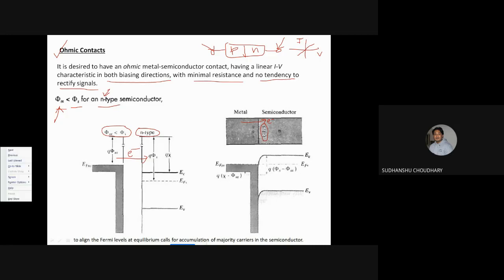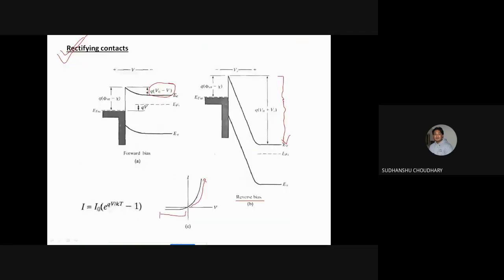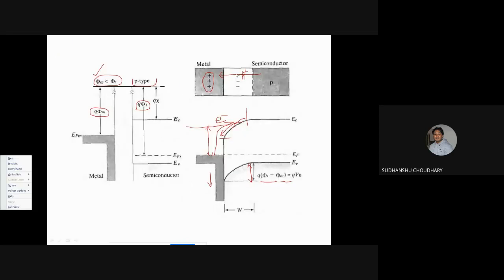Okay. Now because of this accumulation of negative charges, we have induced positive charges on the metal side. Okay. Now one very important thing you will notice here is that on the semiconductor side, this time there is no depletion region. Okay. But in the previous case, if you see, there was a depletion region.